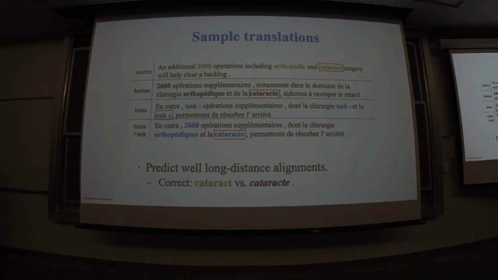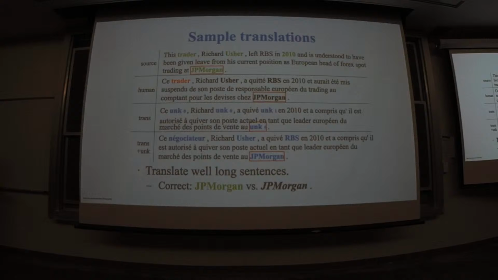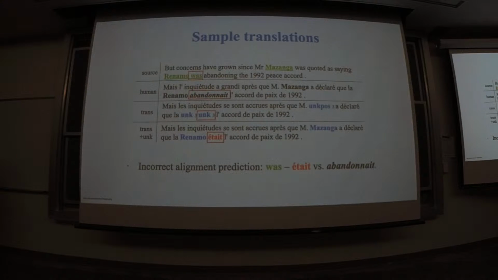Somebody can pronounce it better. Where it might have struggled before because these were very rare words, now we do much better. Here's another example where the name of a company gets treated the right way.